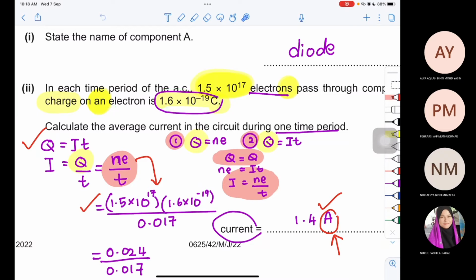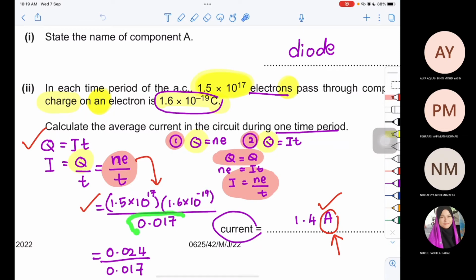But how many electrons do we have? We have many. 1.5 times 10 to the power 7. So we have many electrons. So these electrons ni number lah. Inilah n tu. So we put it here. And the value of electron ni given, substitute here.